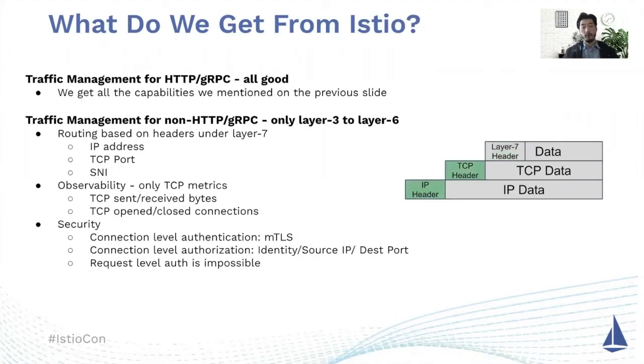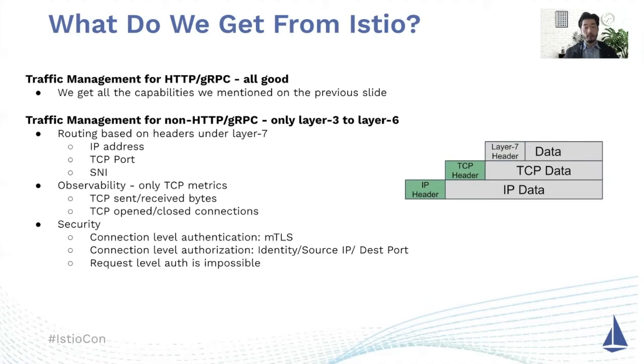So let's see what we can get for these protocols from Istio. For HTTP and gRPC traffic, we get all the capabilities we mentioned on the previous slide, so we're good. But for other protocols, Istio can only operate from layer 3 to layer 6, which means we can't do load balancing if multiple requests share the same connection. Routing can only be based on IP address, TCP port, or SNI.